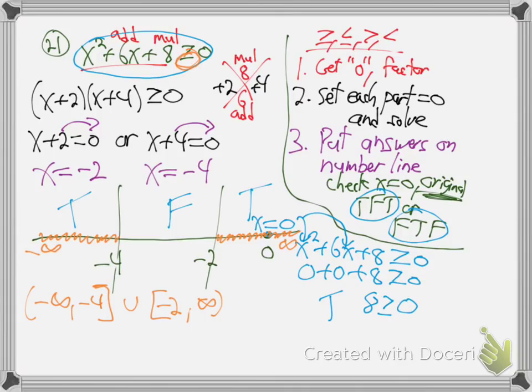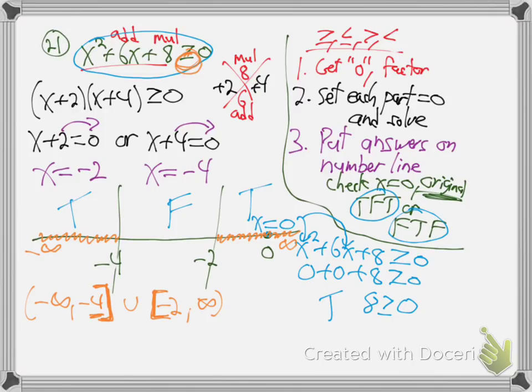That always means you have brackets, because a bracket means you're right straight on the answer, negative 4. And the bracket here means you're straight on the answer, negative 2. You're not just close to it. If I put a parenthesis at negative 2, that parenthesis means you're around negative 2. You're close to it, like negative 2.01, but not right on negative 2. But when you use a bracket with a straight edge, you're straight on the number. And you always do that when you have an equals bar.